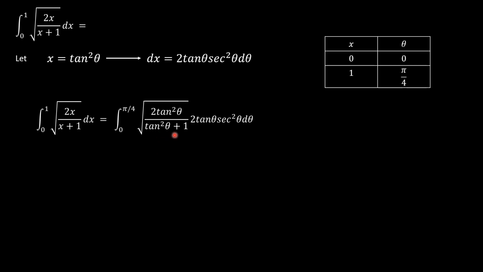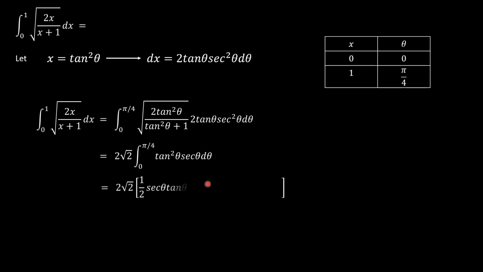This tan squared theta plus 1 is the same as sec squared theta, and the square root of that would be sec theta, and that would take away one of the sec theta in the numerator. In the numerator, we're left with just square root of 2 tan theta. So that now results into, by pulling the constants out, 2 square root 2 times the integral of tan squared theta sec theta from 0 to pi over 4.